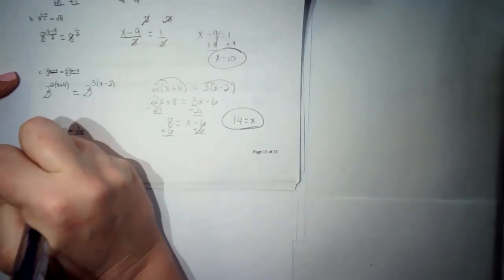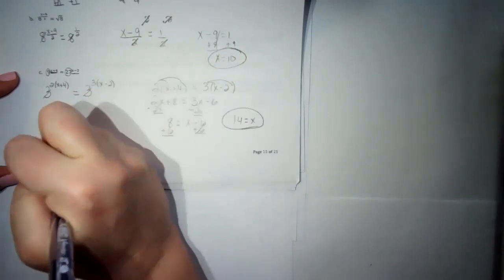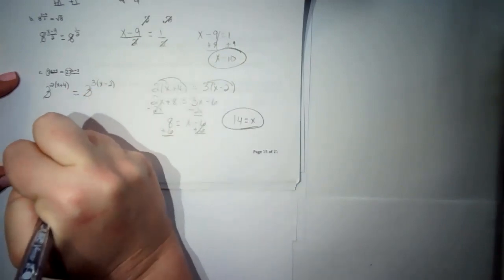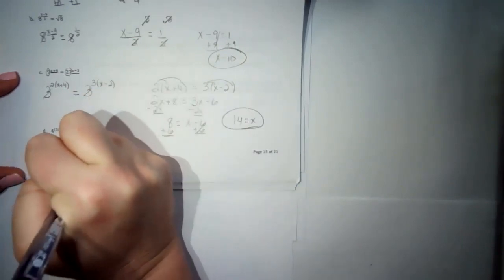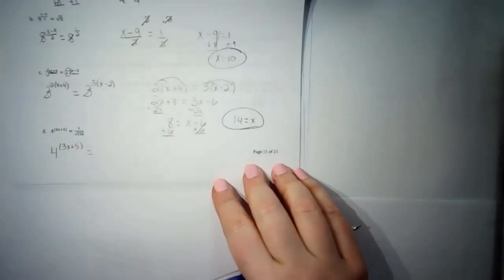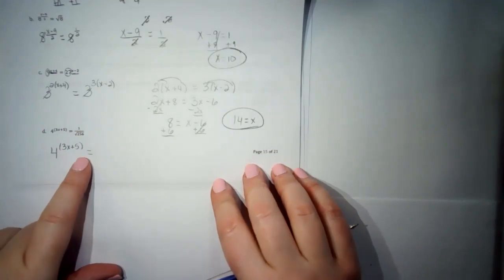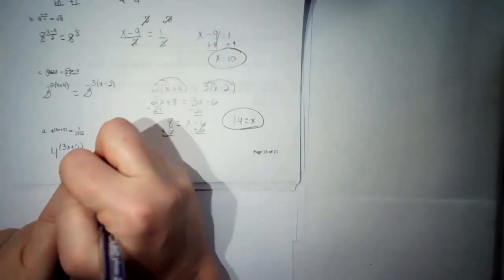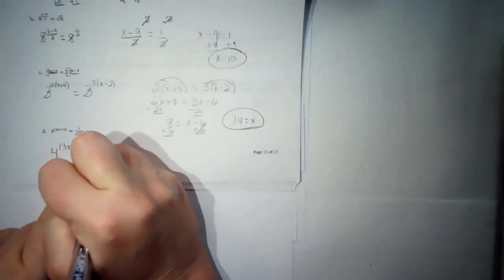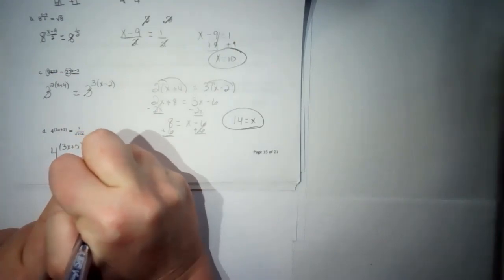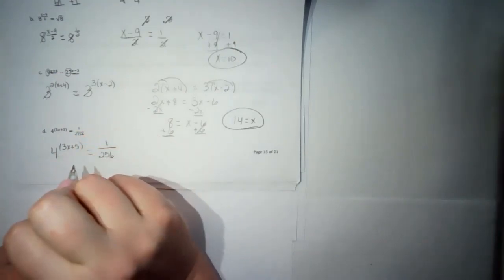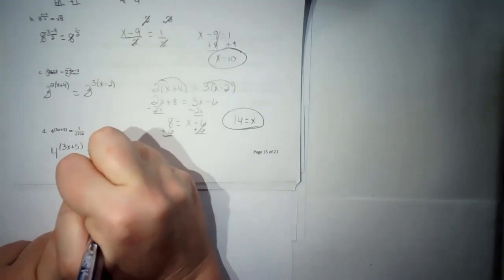Okay, so here we go. For this next one, there's not a lot I can do for the 4, so I'm just going to rewrite that side for now. What I also see here is that I don't want a root anymore. So I'm going to put 256 to the what exponent? The 1/2.